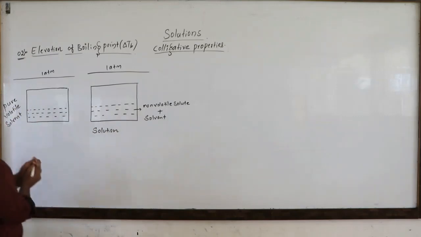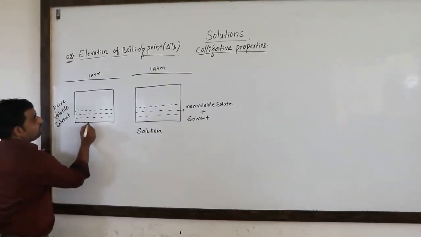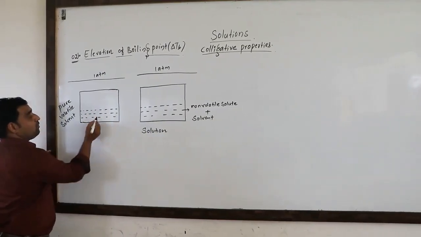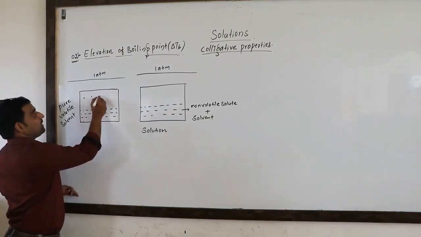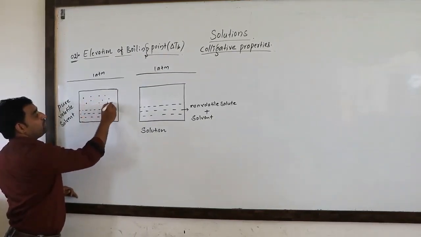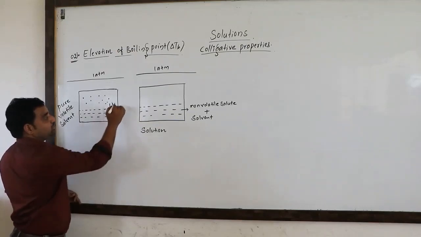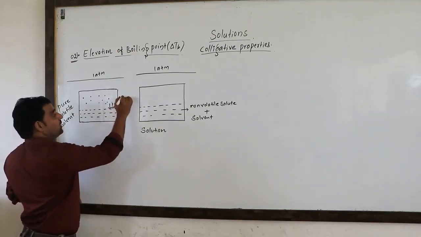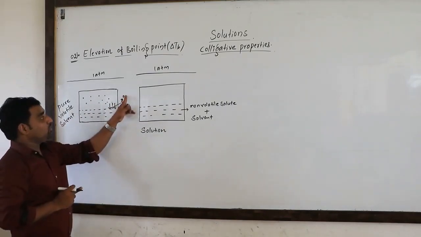Here we had taken the solute, and we already know that the solvent is taken in a closed vessel. When evaporation takes place, some of the vapor molecules are collected over the solvent. Those vapor molecules exert a pressure on the surface of the liquid. That pressure is denoted by P1 naught, meaning this is the pure volatile solvent, hence we denote the naught here.